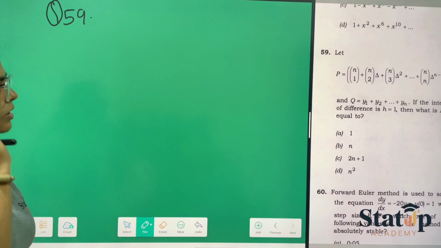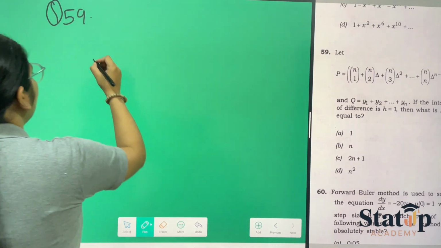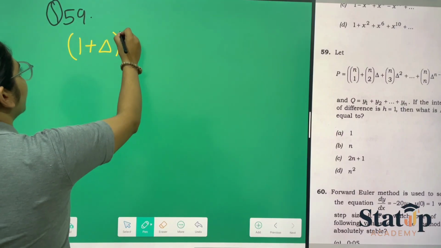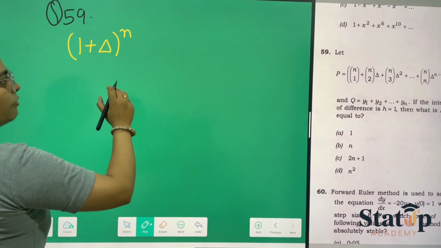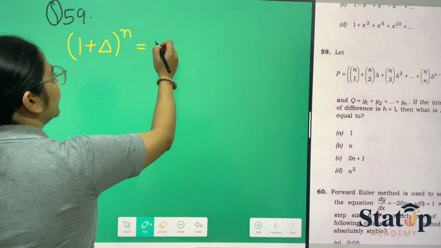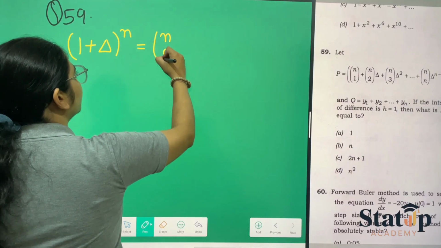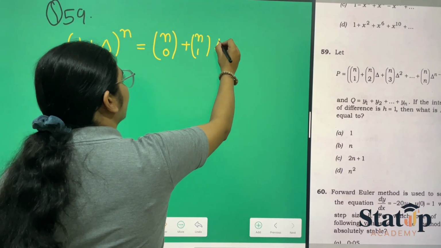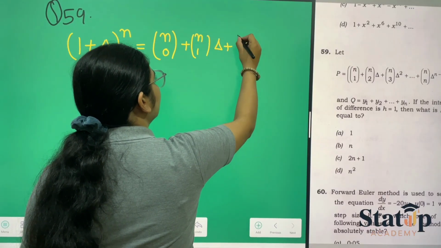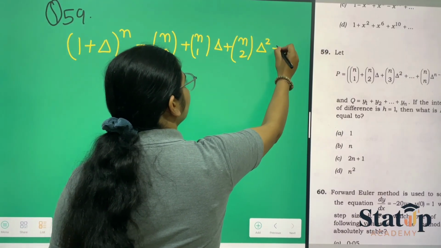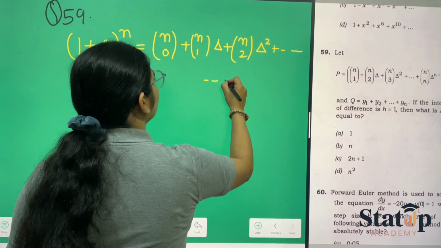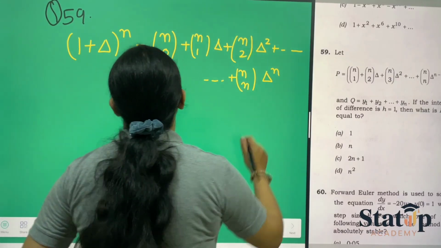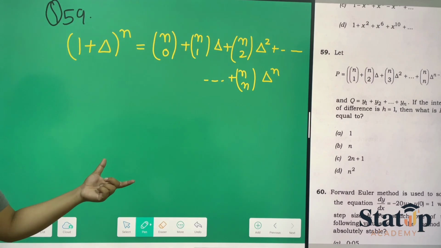Before starting the question, I would like you all to know that if we expand this theorem, (1 plus delta) raised to the power n, it will be nC0 delta raised to the power 0, nC1 delta raised to the power 1, nC2 delta raised to the power 2 and so on up till nCn delta raised to the power n. This series can be expanded like this.